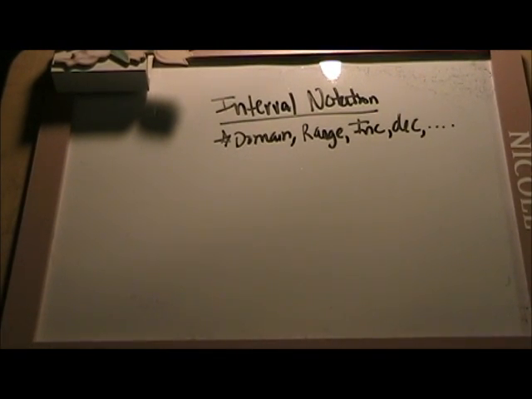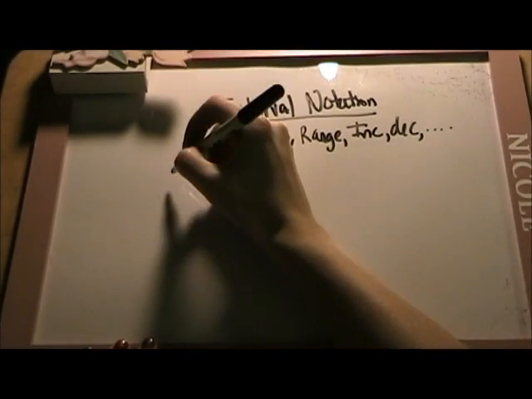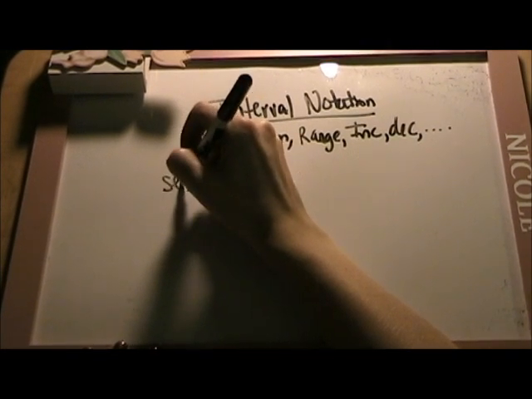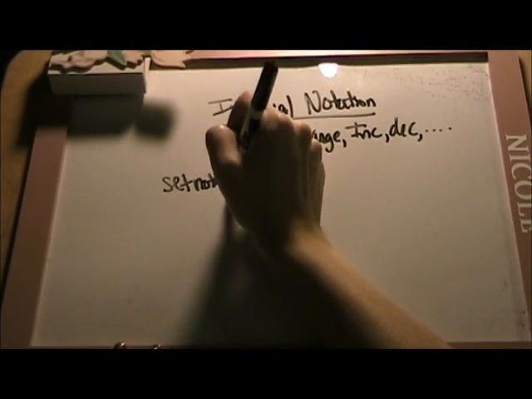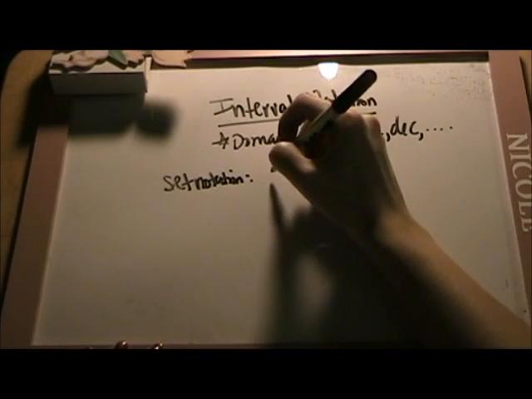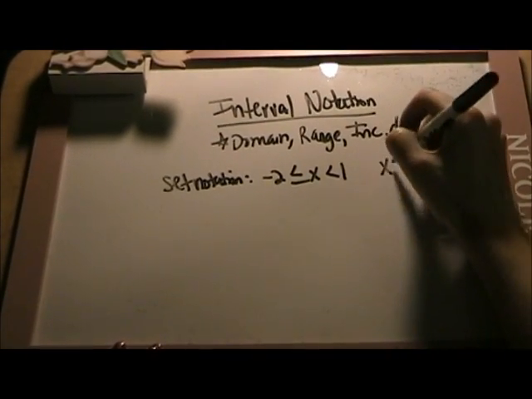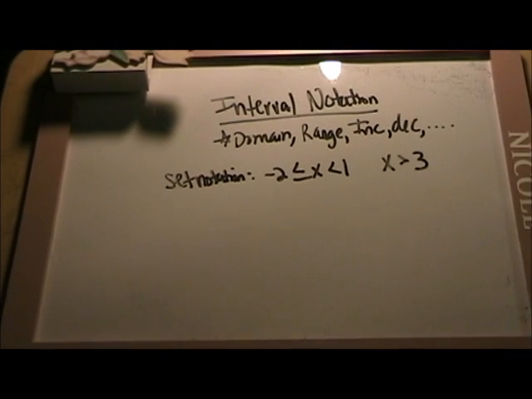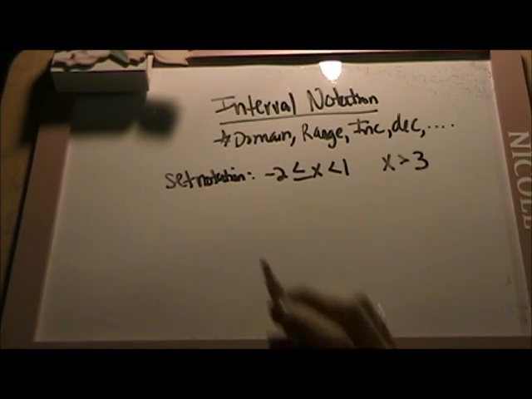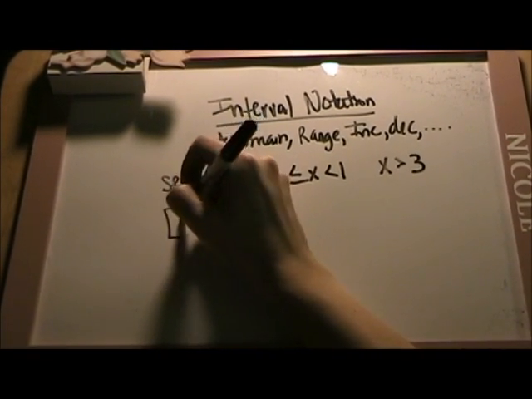But so far, domain, range, increasing, and decreasing, I want you to use this notation. So we had set notation, which was dealing with inequalities, like -2 less than or equal to x less than 1, or x is greater than 3, and so on and so forth. Interval notation uses brackets.